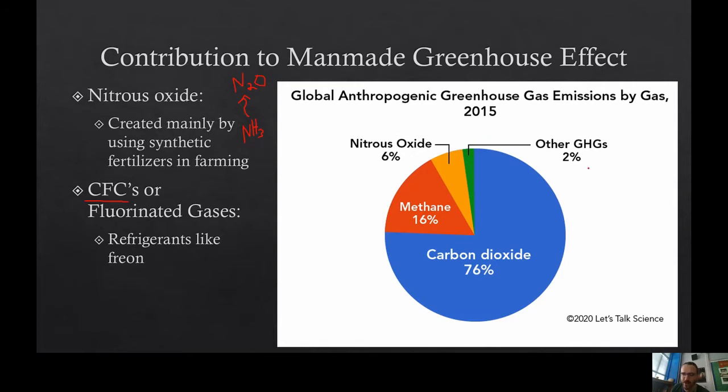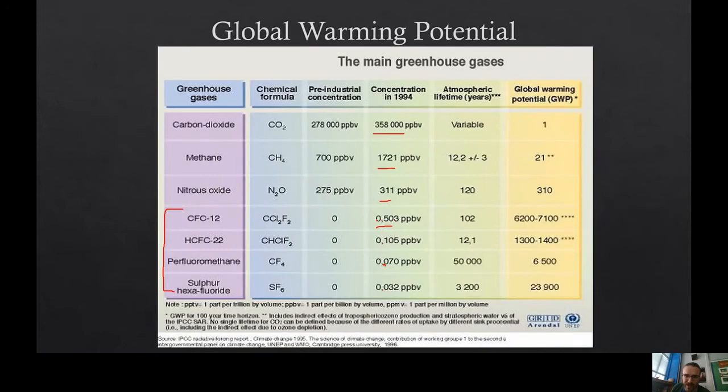I mean, 2% is small, but when you look at this fraction, 0.5 to 380,000, that's way smaller than 2%. And the reason for that discrepancy, why these gases are super rare but super potent or powerful, is measured by this term called global warming potential.